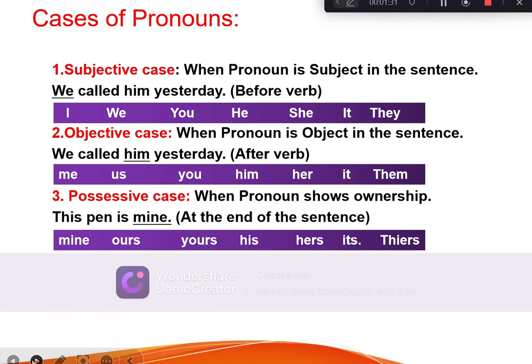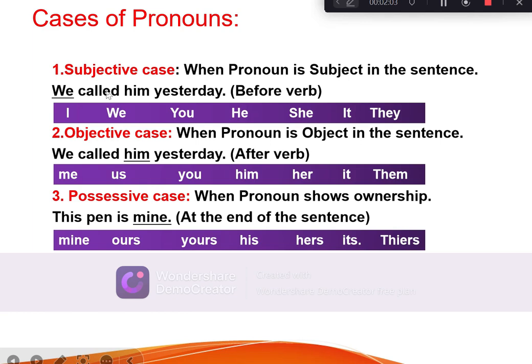These are three cases of pronouns. Cases of pronouns are the situations in which a pronoun is used. Subjective case is a case of pronoun whenever the pronoun is used as a subject in the sentence. Look here at the sentence, we called him yesterday. We is used as a subjective case, and subjective pronouns are used before the verb, like called.